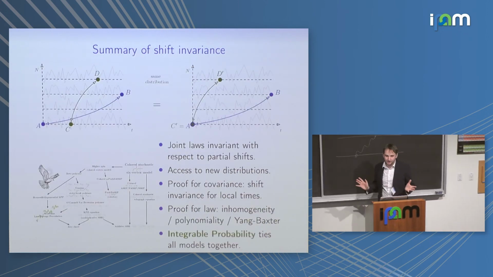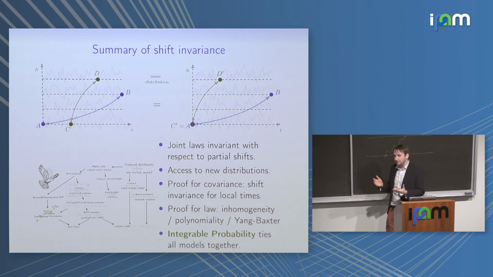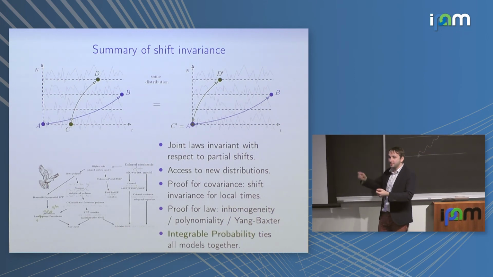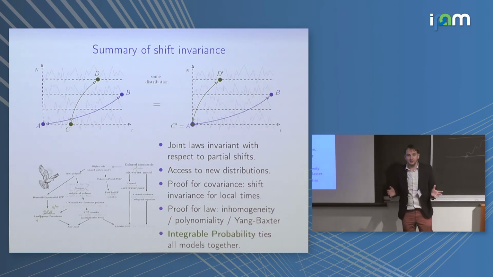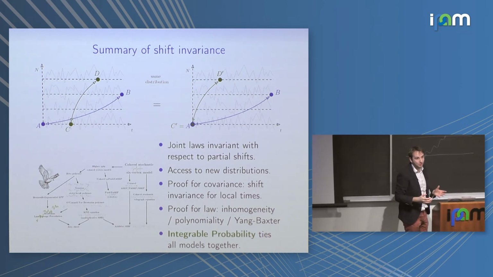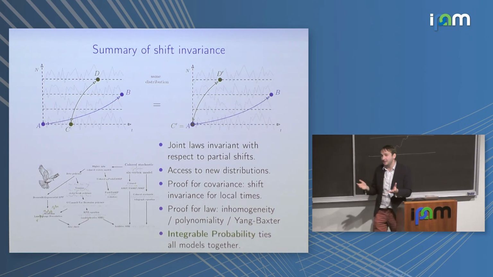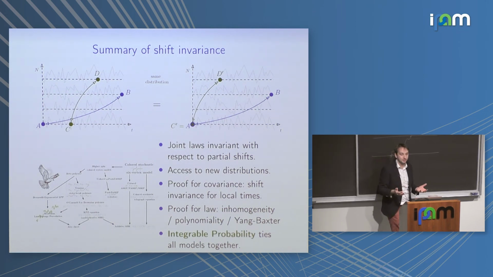Okay, so let me summarize. What do we see here? There is a class of models for which the joint laws are invariant under partial shifts of some of the variables in our observables. So you shift some of the points, and for some reason the law is invariant. For us it's important because it gives access to certain distributions which were never accessible before, because we can reduce the cases with complicated geometry to the cases with simple geometry, where we actually know how to compute things.